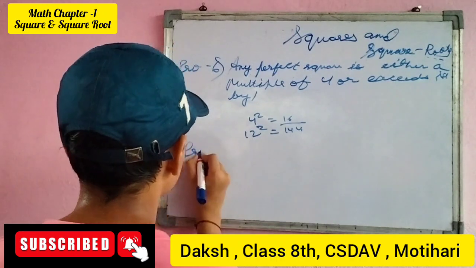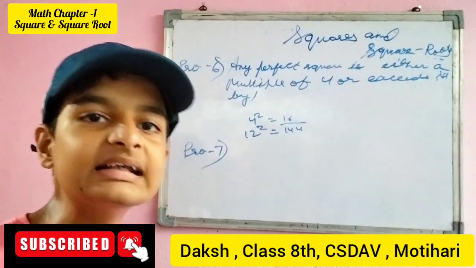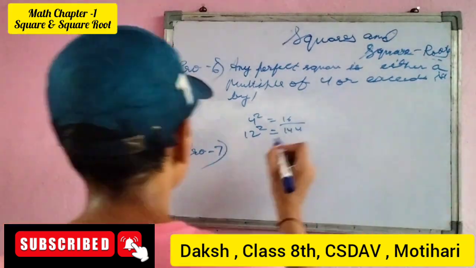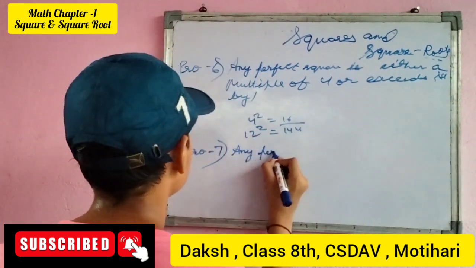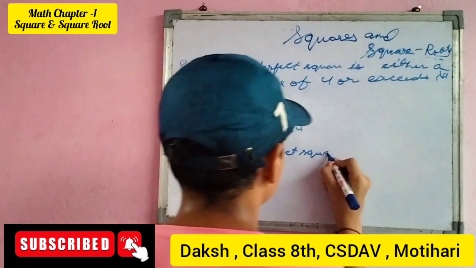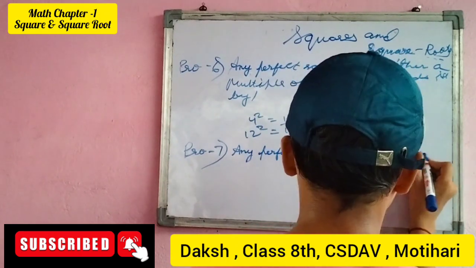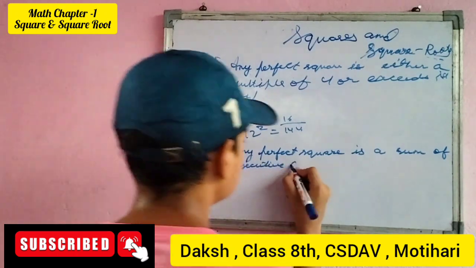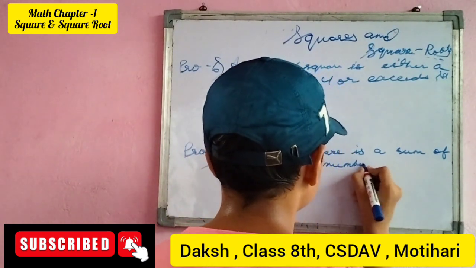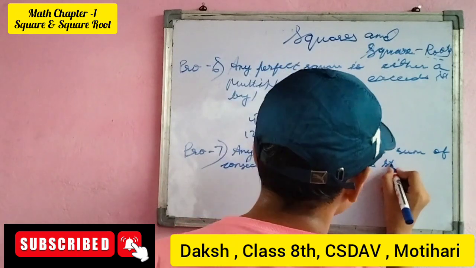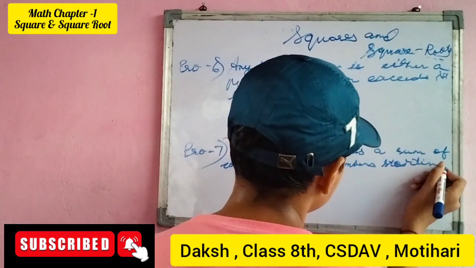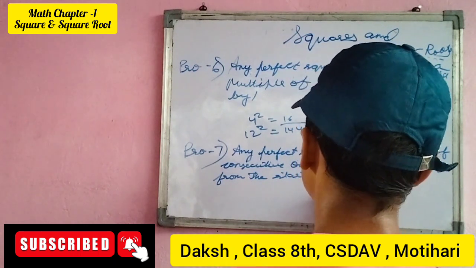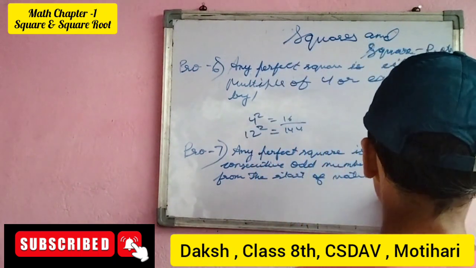Now comes property number 7. This property tells us that any perfect square is a sum of consecutive odd numbers starting from the start of natural numbers.